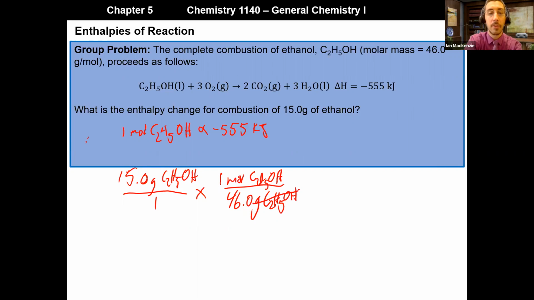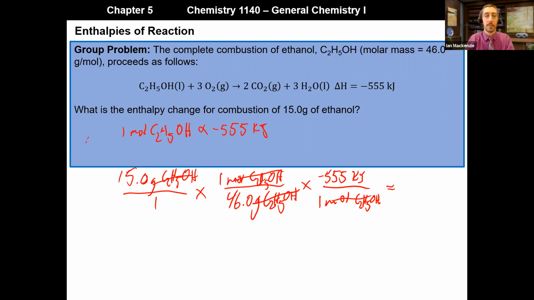That will now cancel out my grams. Now I've got moles, and so I can use my relationship above as a conversion factor, so negative 555 kilojoules per 1 mole of C2H5OH. And that cancels out, and I can multiply through and determine the number of kilojoules.